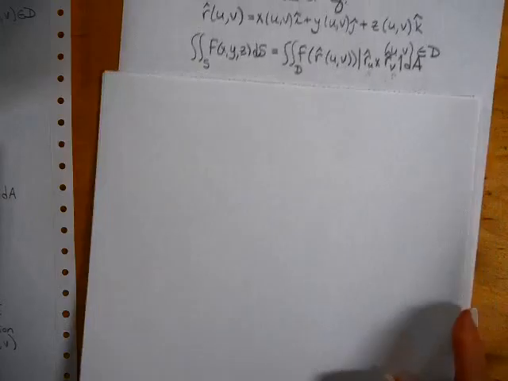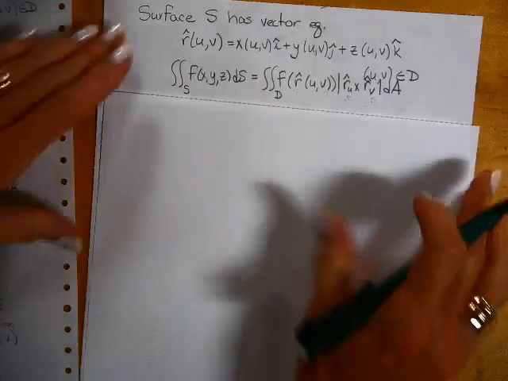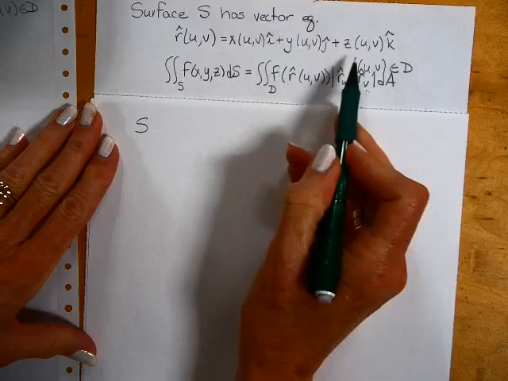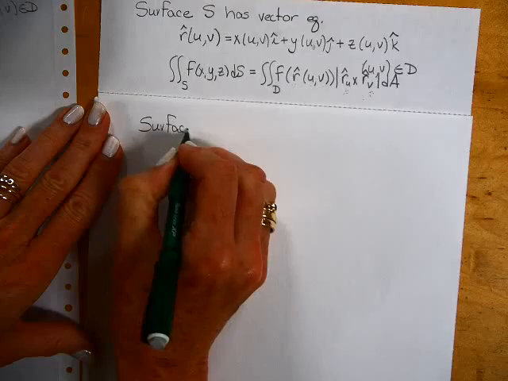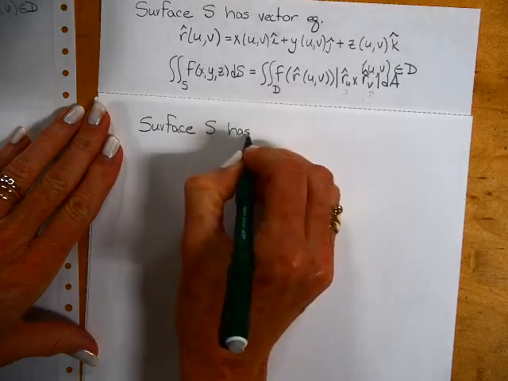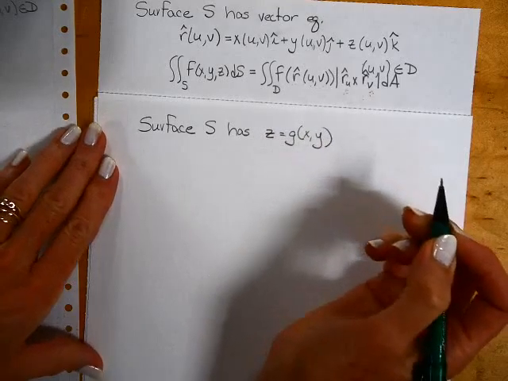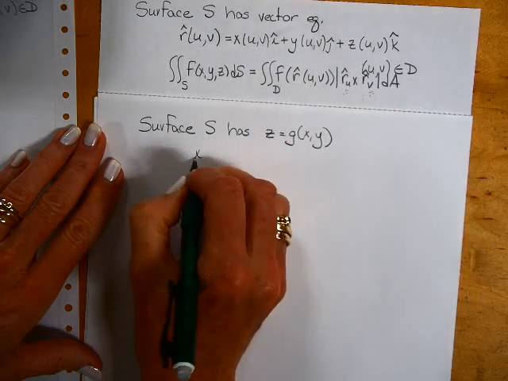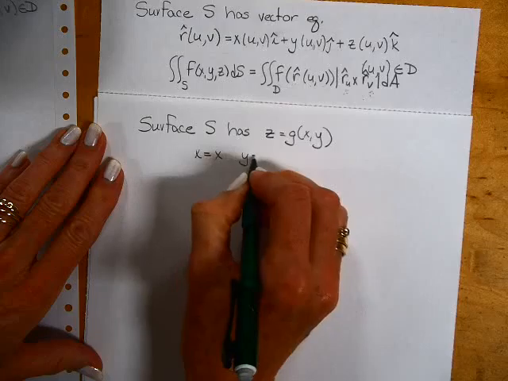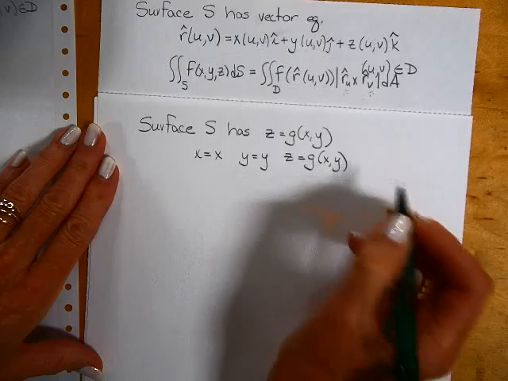Have to be. All right, now, if your surface is given as a function of x and y, we're still doing surface area, and this is if your surface is expressed as a vector equation. If your surface S has the equation z equal to g of x and y, then instead of the parametric equations being x, y, and z, the parametric equations are x equal to x, y equal to y, and z equal to the function of x and y.